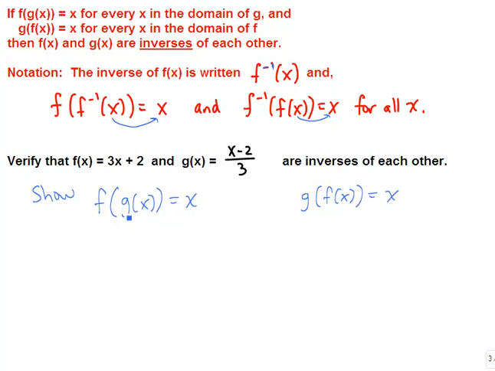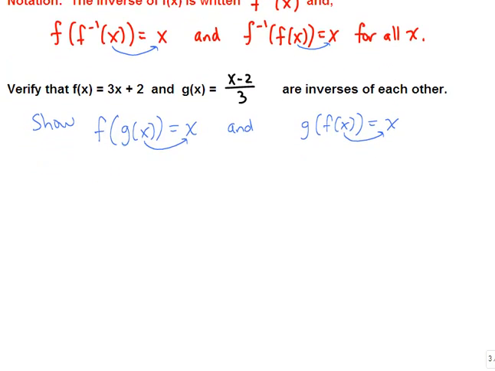So whatever g does to x, f should undo that, so I get back the original input. And whatever f does to x, g undoes that and gives us back the original x. And you have to show both directions, because remember, composition is not necessarily commutative. So you want to make sure that it works in both directions.